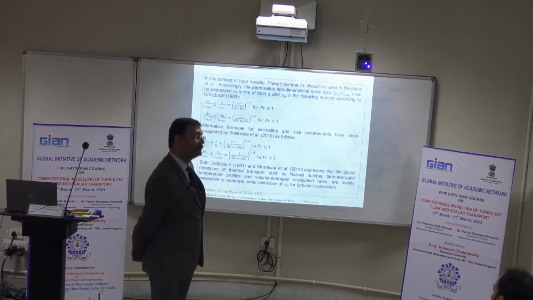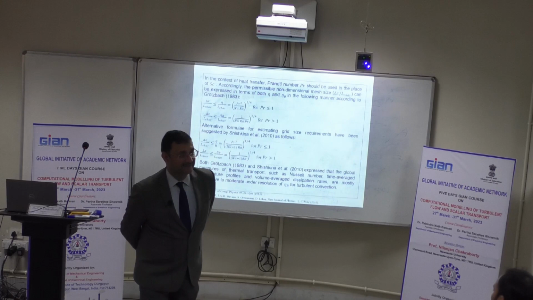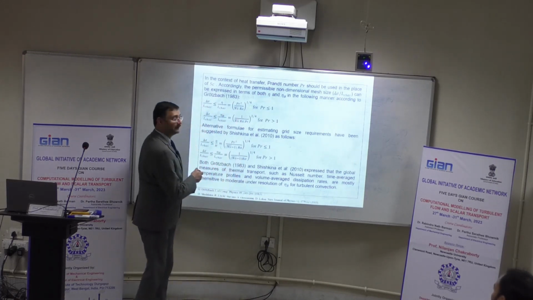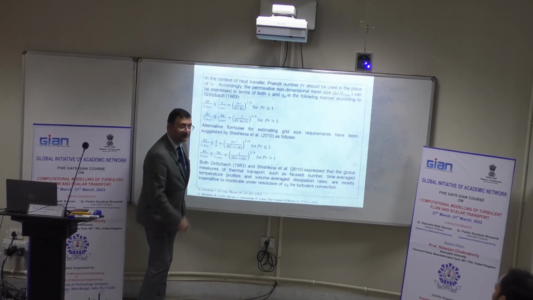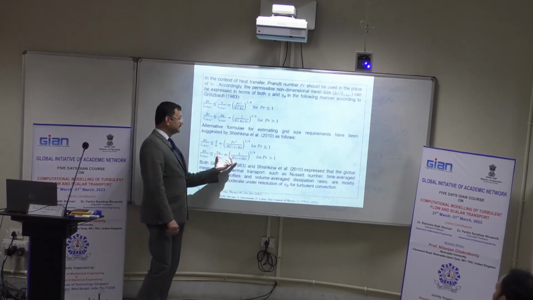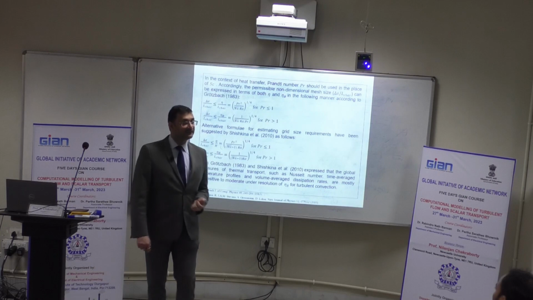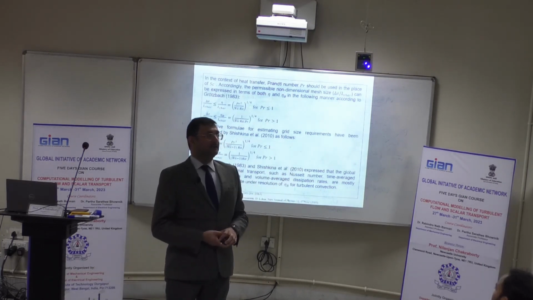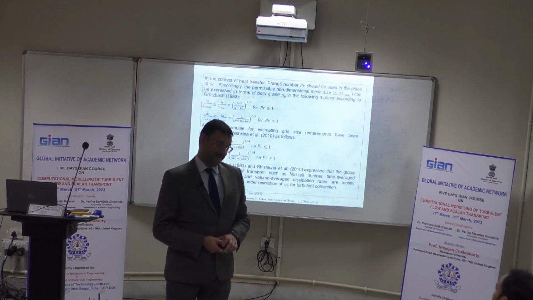So even if I don't actually resolve the Batchelor length scale, if I can get some idea about Nusselt number a priori, dictated by that, I can choose my grid size and still carry out a simulation which will give us sufficiently accurate values. Okay.